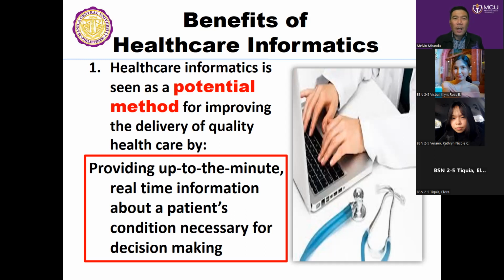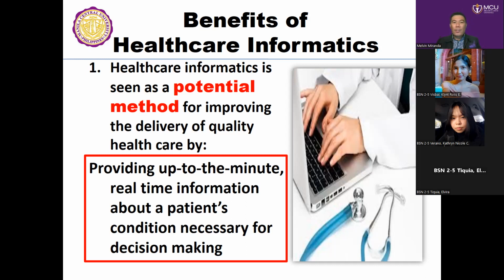In this perspective, healthcare informatics will definitely benefit from the following. This has been considered as a potential method because it gives access to real-time information.